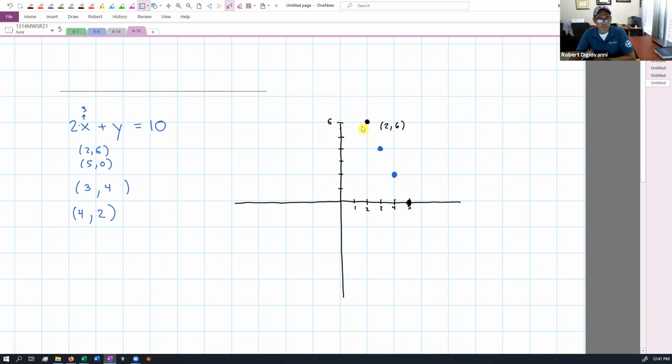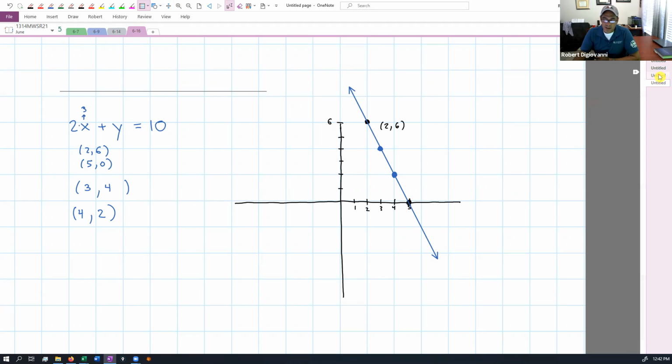They form a straight line. They appear to all lie on a line. If I were to draw a line, it looks like all of these answers would lie on that line. Is that a coincidence, or is that a property of these equations?